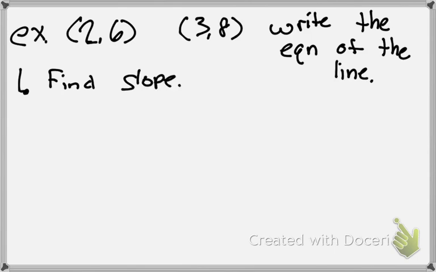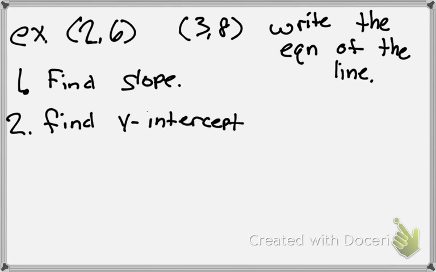Once you find the slope, then we want to find our y-intercept through either point slope form or through y equals mx plus b. I'm going to use point slope form just so we can practice it a little bit more.